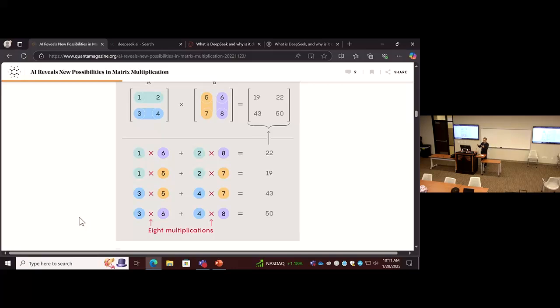Everything you can think about, the neural network, ChatGPT, OpenAI, DeepSeek, whatever, at the very end you are doing matrix multiplication. All the neural networks, how they evolve, how they develop, how they learn things, it's by this. So that's why it's a big deal.